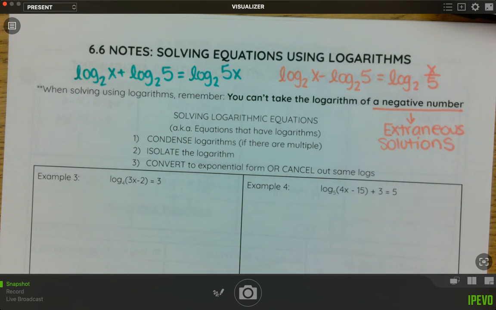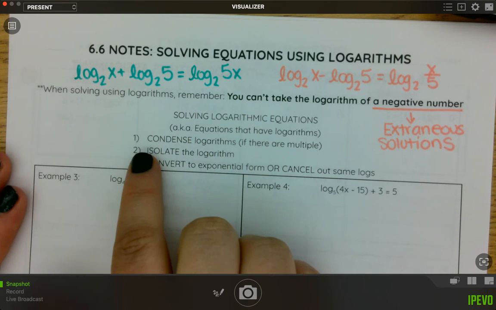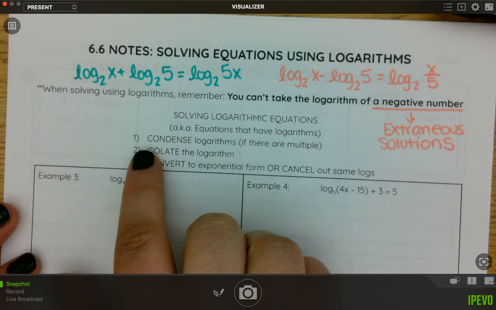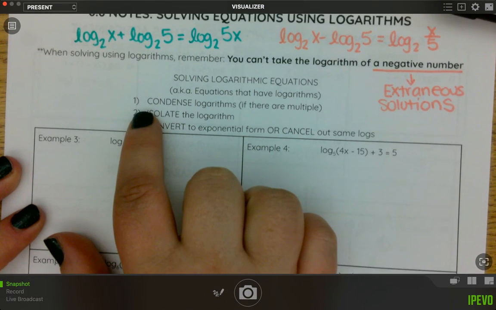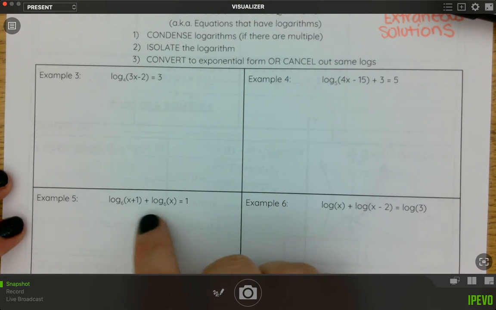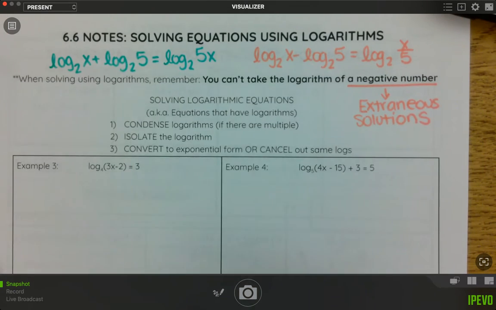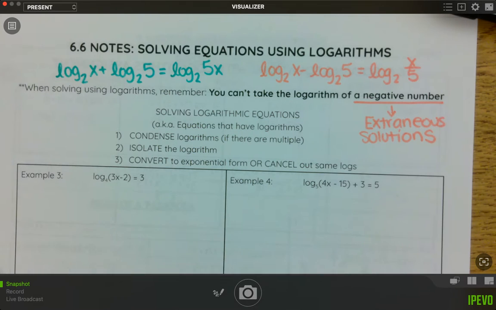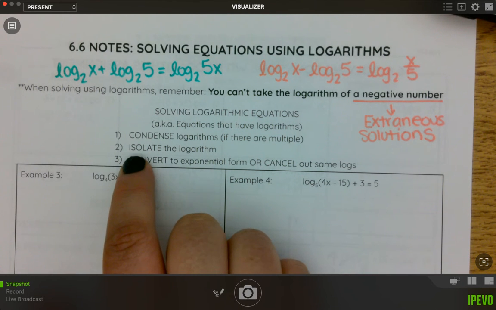Okay, so we're basically going to solve these equations. There are three main rules to go by. Number one is if you have two separate logarithms, like example 5, and yes, I know I'm starting with example 3, then you're going to put these two together the same way that I just talked about up top, like this. Then you're going to get the logarithm by itself.